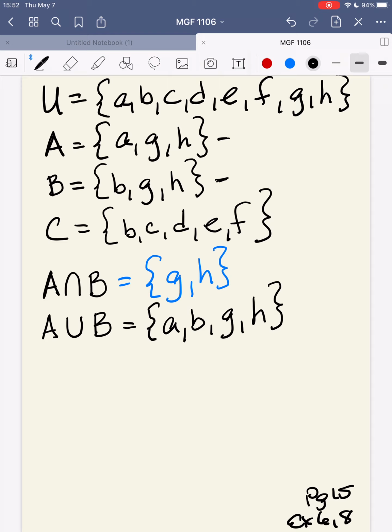If they repeat, you don't need to write them twice. You only need to write them once. So you don't need to write the repeating G's and the repeating H's. If I want A intersect the empty set, we just talked about this. A intersect the empty set is going to give us the empty set.